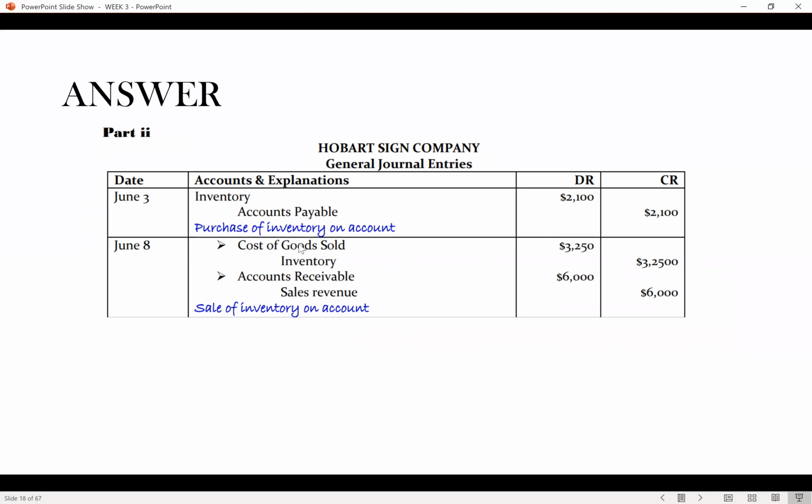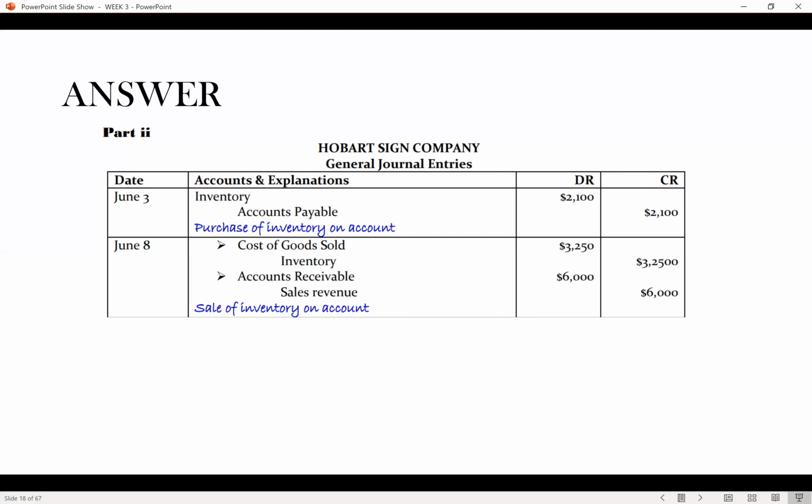The first set of entries looks at your cost of goods sold, that increasing, because every time you sell a good, it costs you because you had to make it, right? So that's like an expense, so that increases, so that's debited. And every time you sell a good, your finished goods inventory decreases.